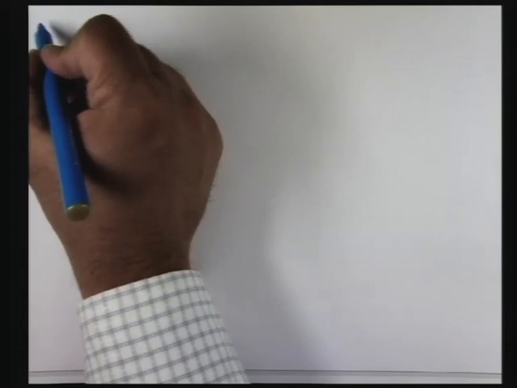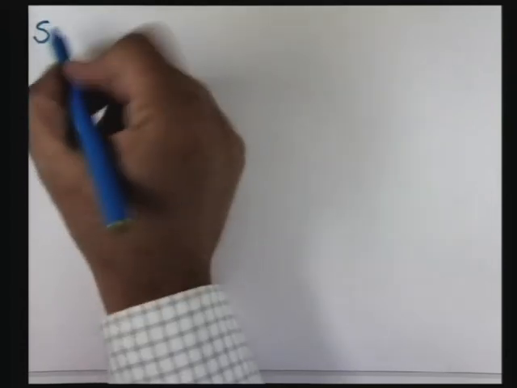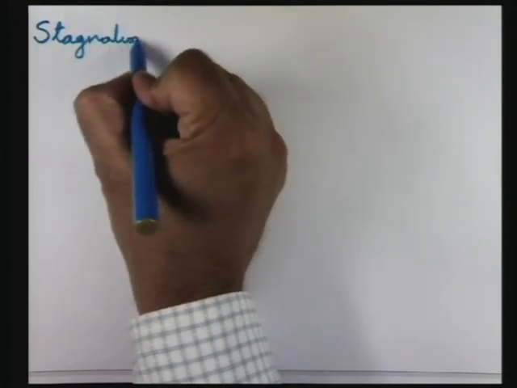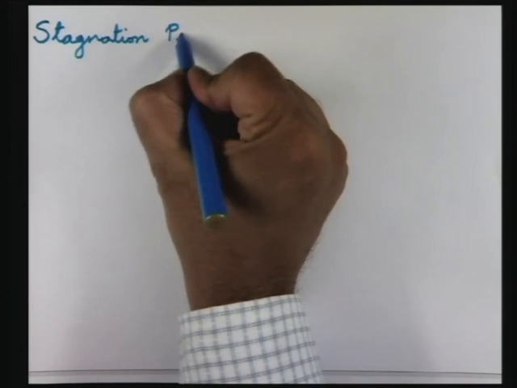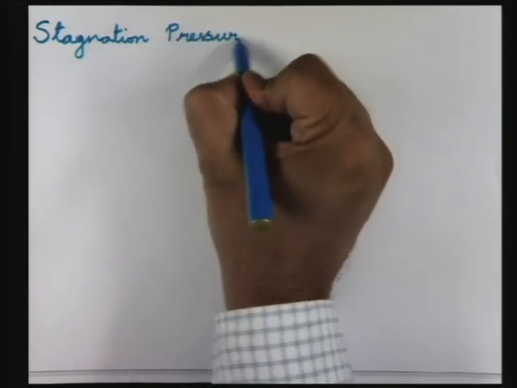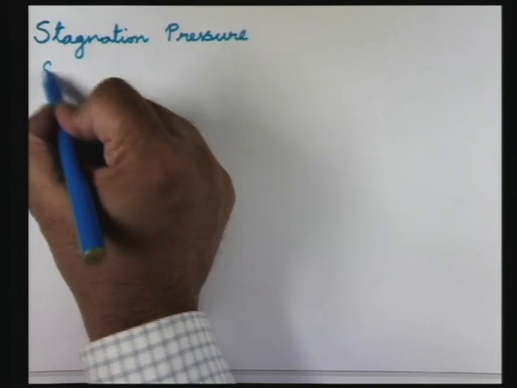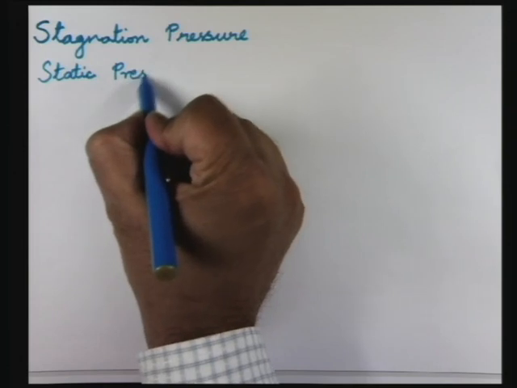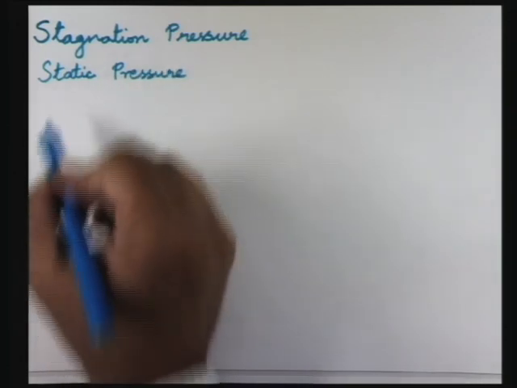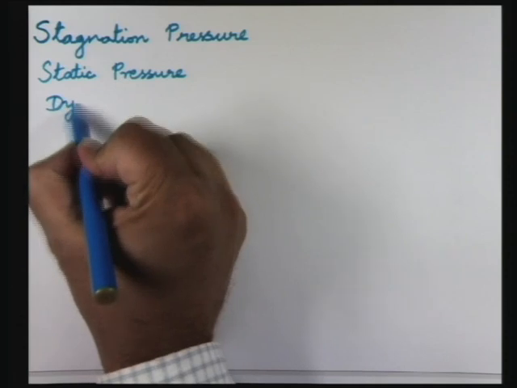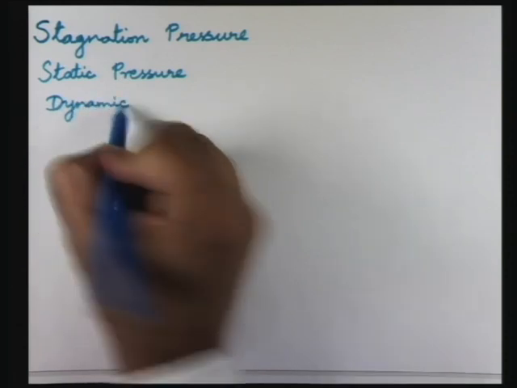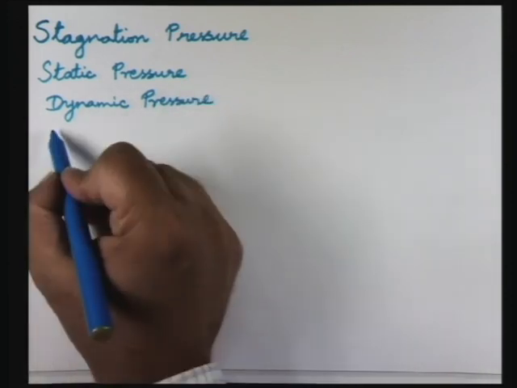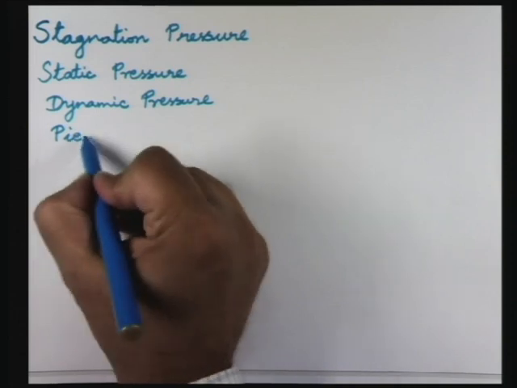So, we look at what we may call stagnation pressure, and the terms static pressure, dynamic pressure, and there is another term we will look at later, piezometric pressure.